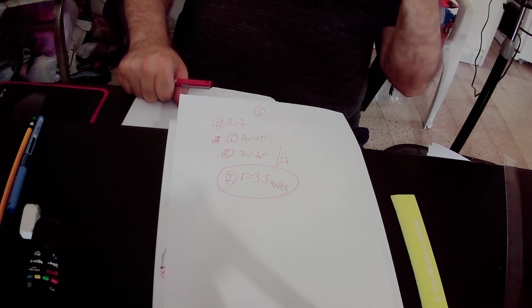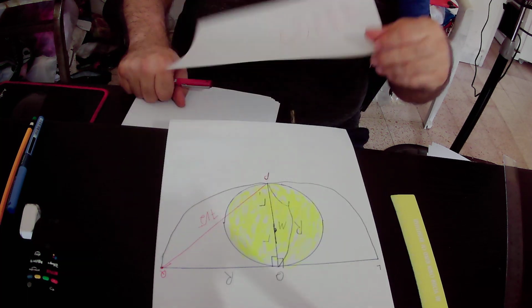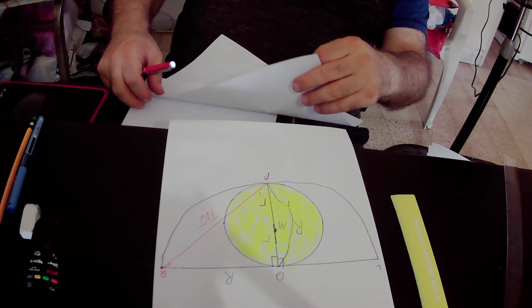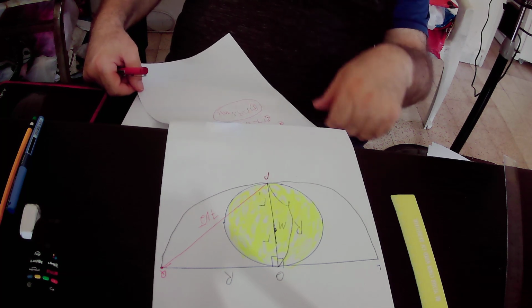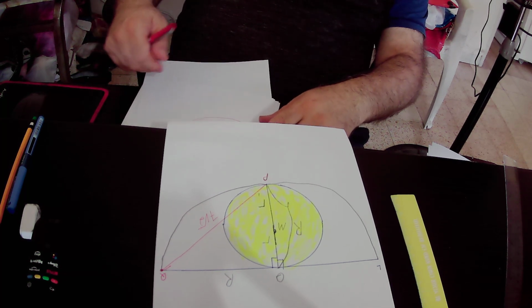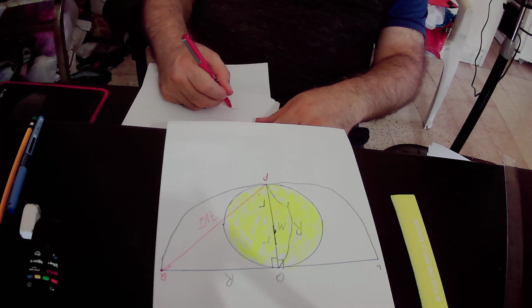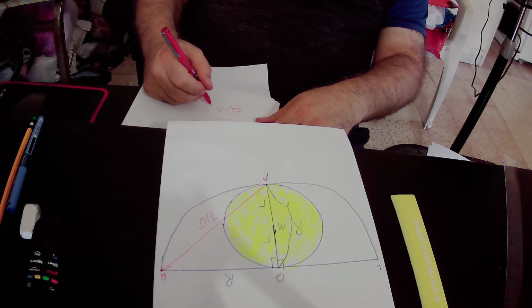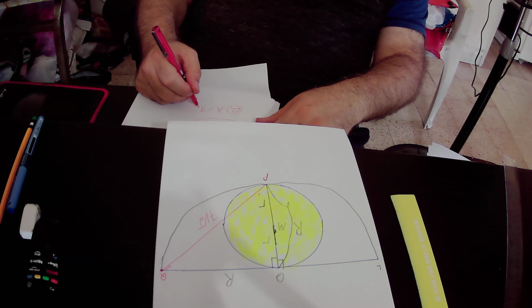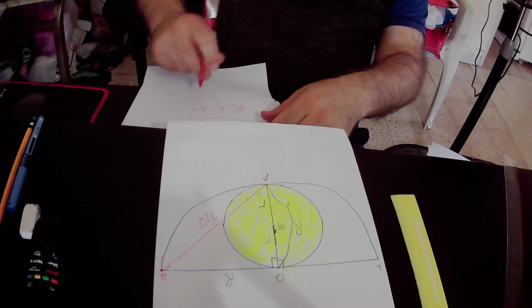Now that we know the radius of the yellow circle, it is very simple to calculate the area, because the area of any circle, I mark it as equation number 3. The formula for the area of any circle is A, abbreviation for area, equals pi times r square.